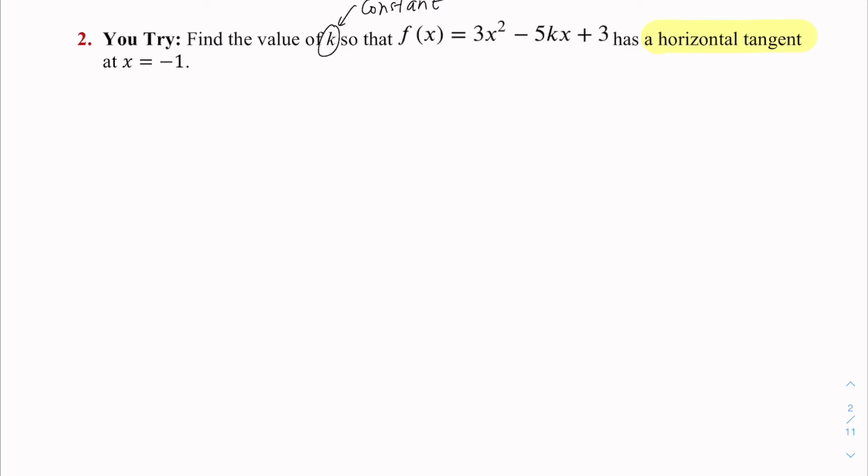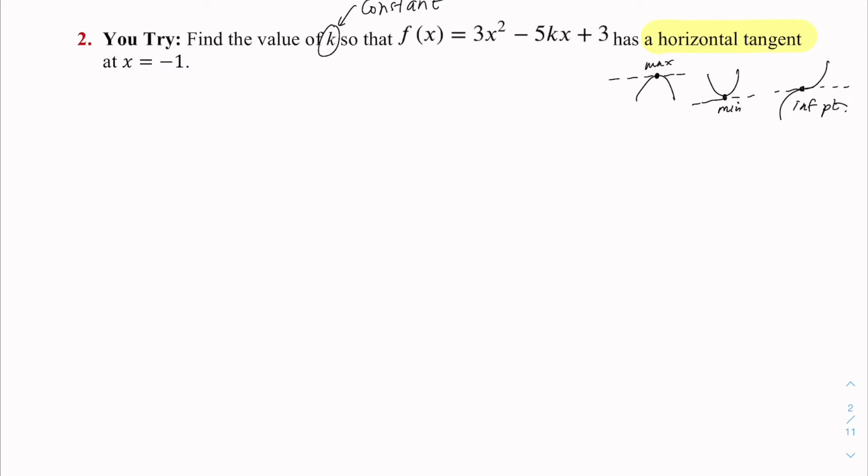Hint, horizontal tangent lines occur at maxes, at mins, and potentially at inflection points like this one.